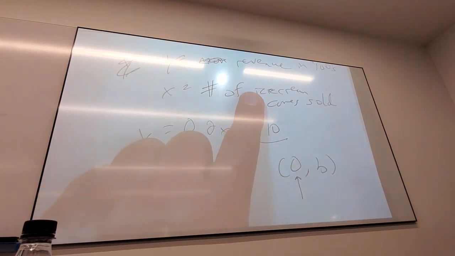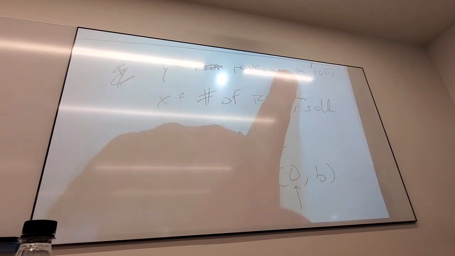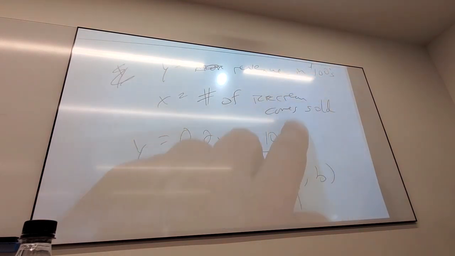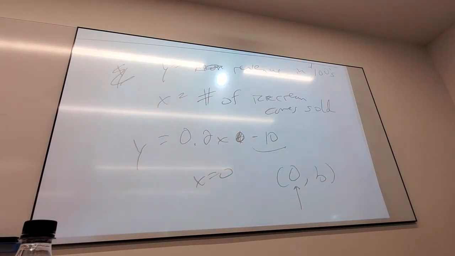So when I have no ice cream cones sold, I will lose 1,000. Negative 10 times 100 is $1,000. So $1,000 is like my overhead. Like rent or utilities or materials or resources. I'm not going to make this a business class because that would suck.